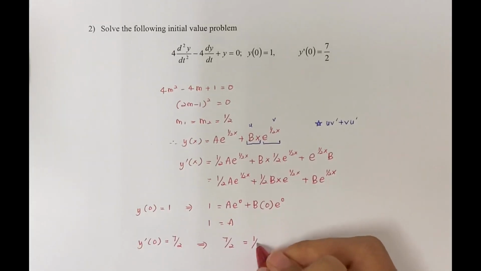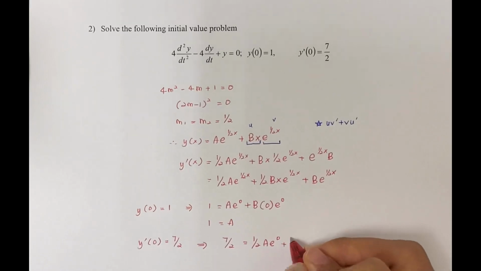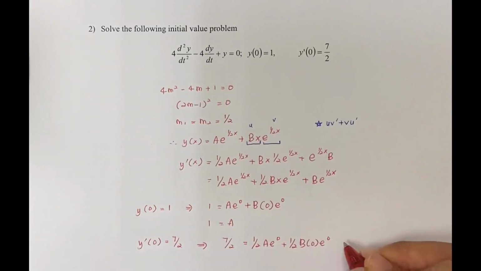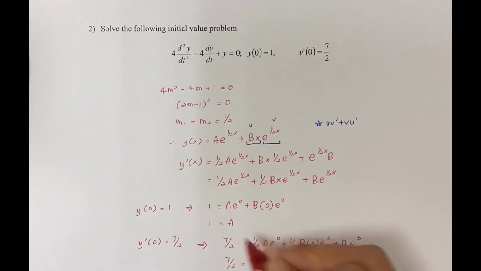Then substitute into this. We have 1 over 2 a e^0 plus half b times 0 times e^0 plus b e^0. So 7 over 2 equal to half a, and a is equal to 1.